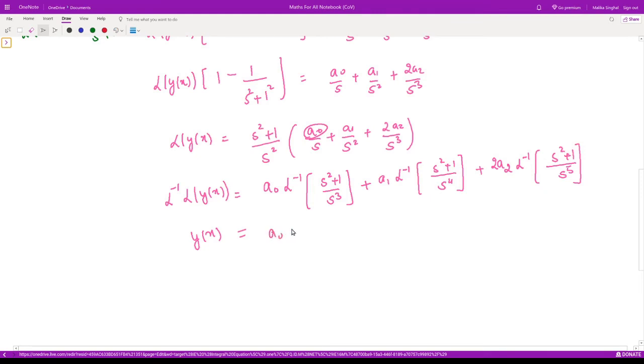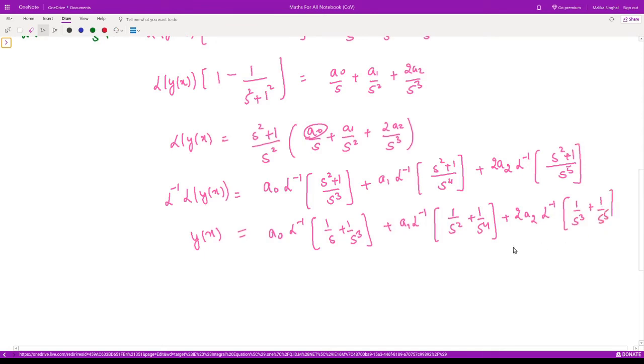So after solving this, what you get? You'll get a0. You can write this term as 1 by s plus 1 by s cube. You can write this term as 1 by s square plus 1 by s raised to power 4 plus 2a2 Laplace inverse of 1 upon s cube plus 1 upon s raised to power 5.